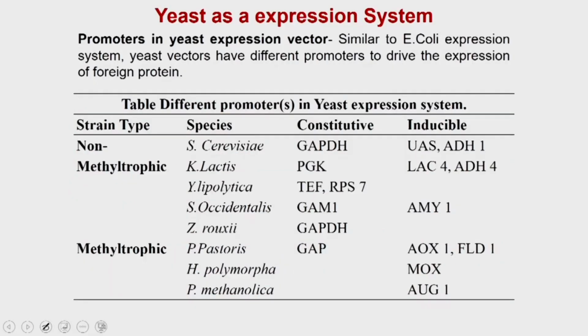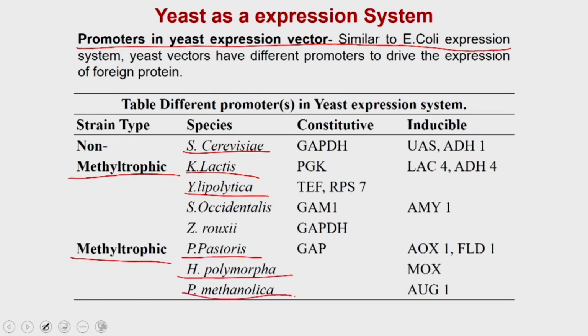So, this is just a summary of the different promoters as well as the expression systems present in the yeast expression system. You have non-methylotrophic strains such as S. cerevisiae, K. lactis or Y. lipolytica, whereas you have methylotrophic strains such as Pichia pastoris or Pichia methanolica.